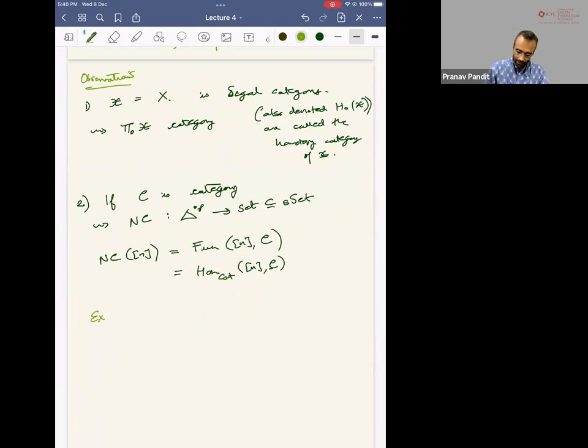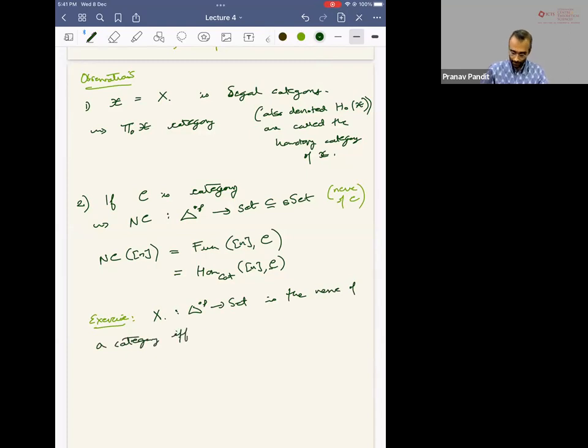You can characterize which simplicial sets arise as nerves as follows. So X from delta op to sets is the nerve of a category if and only if it satisfies the Segal condition.